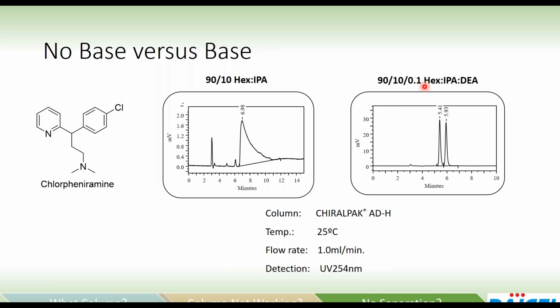But just adding in 0.1% DEA to the mobile phase gives you 2 nice sharp peaks. So not having an additive in this case would perhaps give you the false impression that AD is not the right column for this separation, when in fact it is. It's just you needed base in the mobile phase.